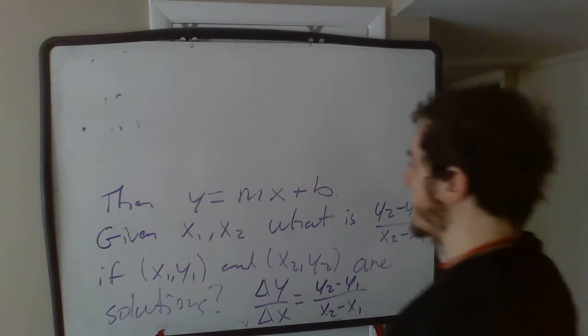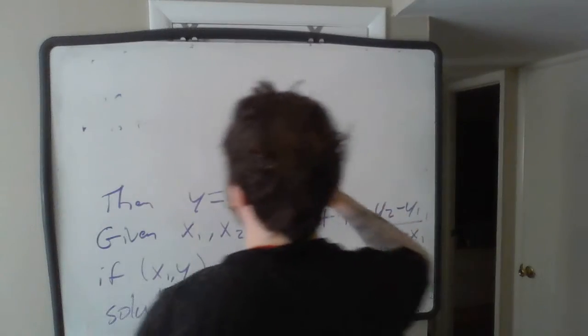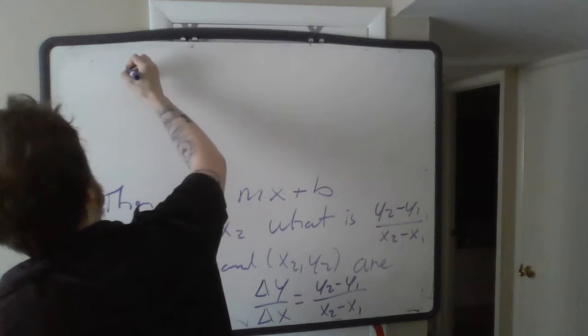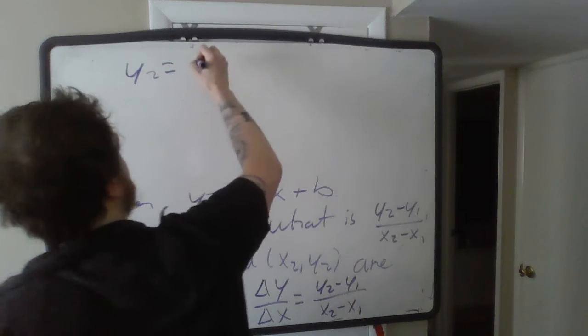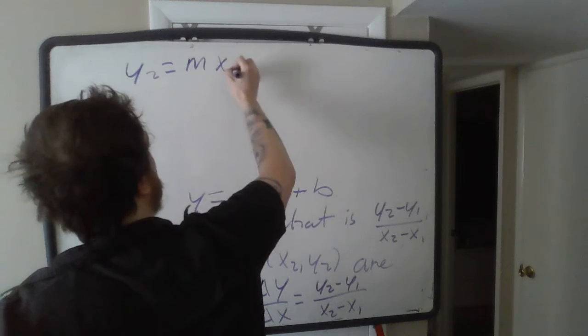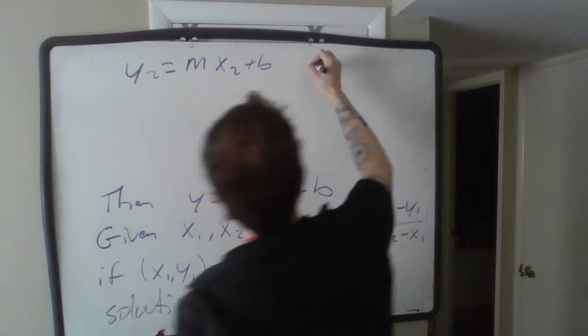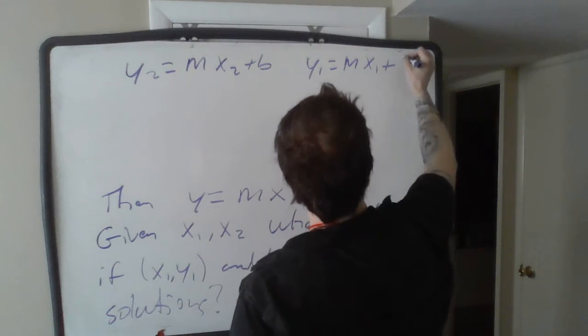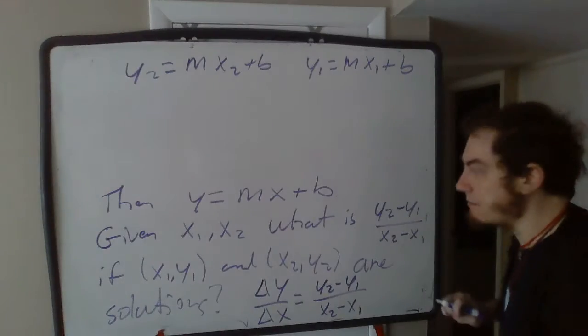So here's the thing that we can say. We can say that y2, after I neaten up my board a bit, is going to be equal to m times x2 plus b, and y1 is going to equal m times x1 plus b. Okay, so what does that mean?